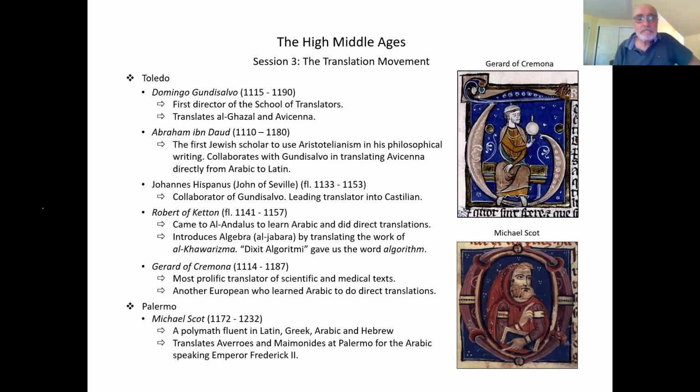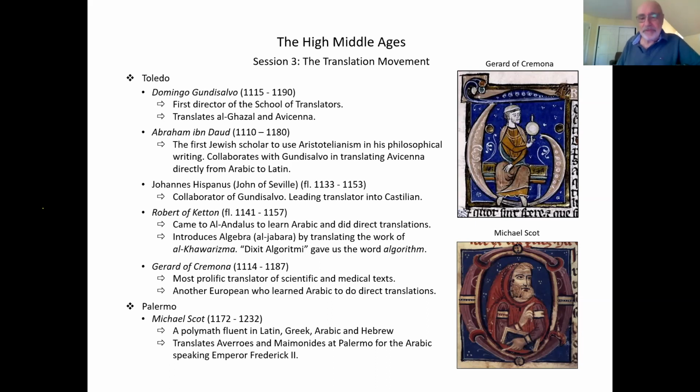Robert of Ketton came to Al-Andalus to learn Arabic and did direct translations, introduces algebra, al-jabr, as it would have been known, by translating the work of Al-Khwarizmi, and in the Latin translations, so many paragraphs begin with the phrase dixit algorizmi, which is to say, Al-Khwarizmi says.